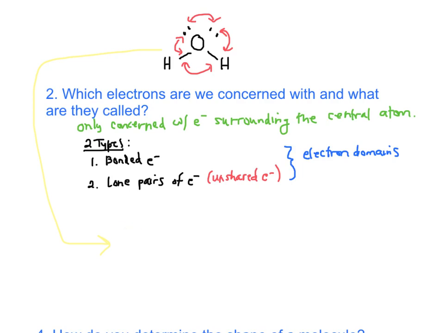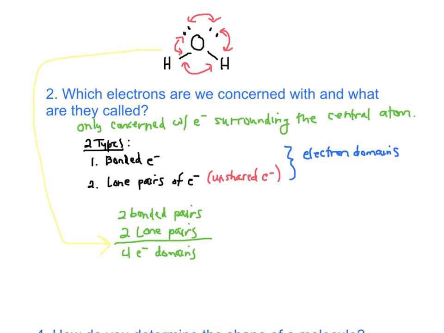So there are 2 bonded pairs, and there are 2 lone pairs, 1, 2, and that gives us a total of 4 electron domains. There are 4 groups of electrons surrounding this oxygen.